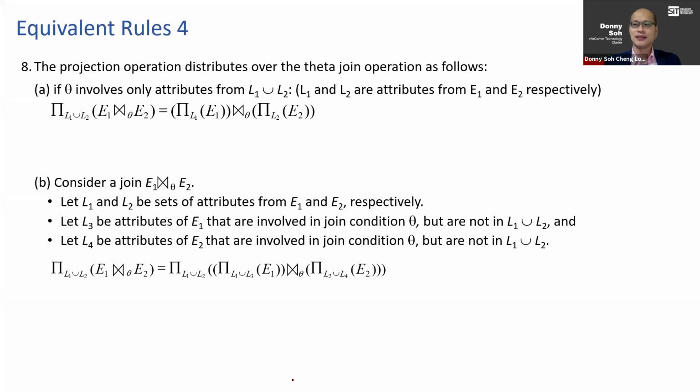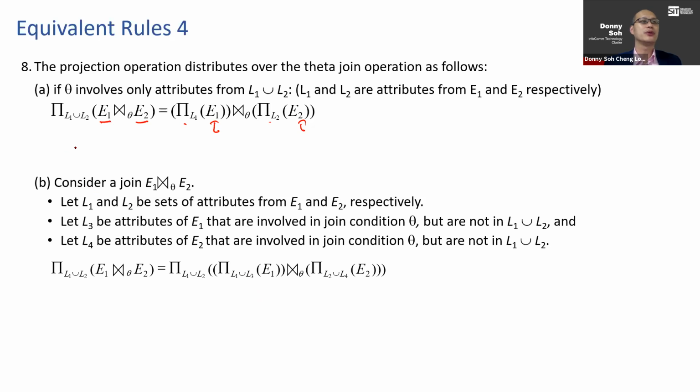Sorry, if you don't mind, I would like to go through 8a. Sorry that I backtrack this part. So 8 says that if I have E1 and E2, and if my theta affects only the attributes from L1 and L2, where L1 is an attribute from E1 and L2 is an attribute of E2, I can do my projection independently.